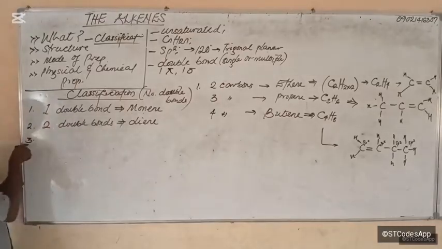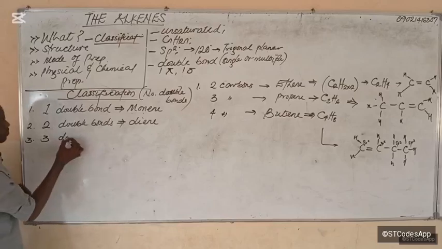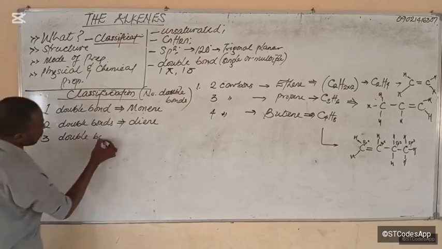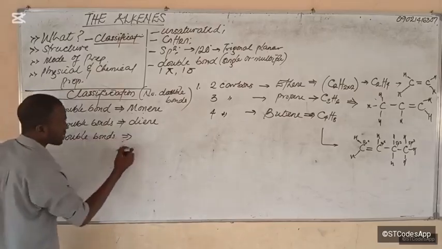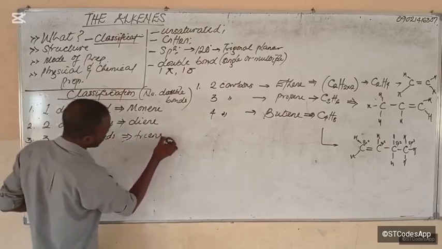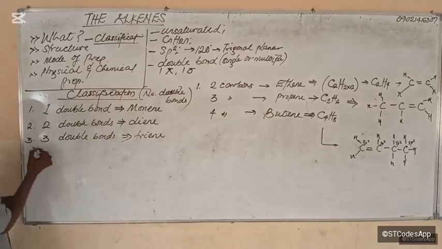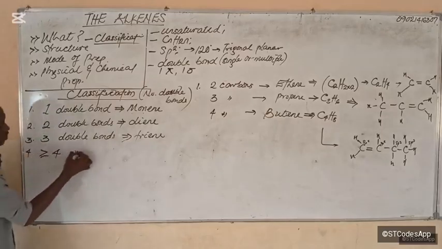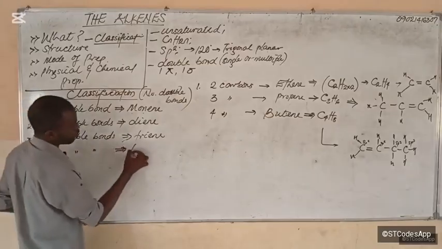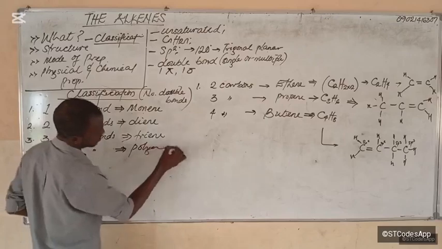For three double bonds, what I have is a triene, and four and above double bonds, you have a polyene. Does that make sense now?